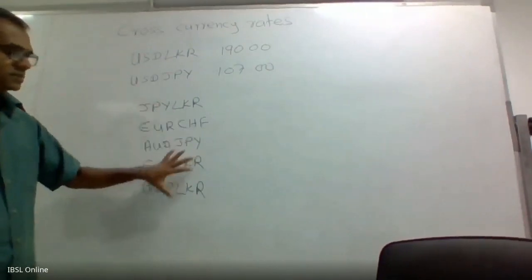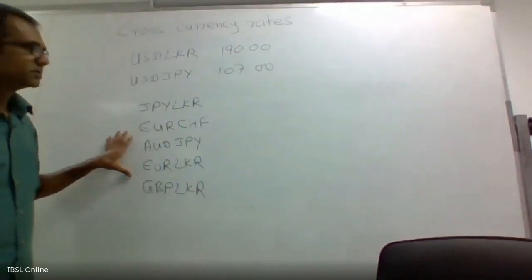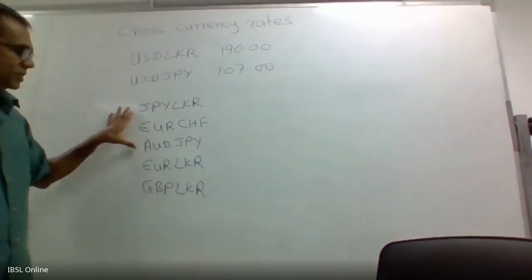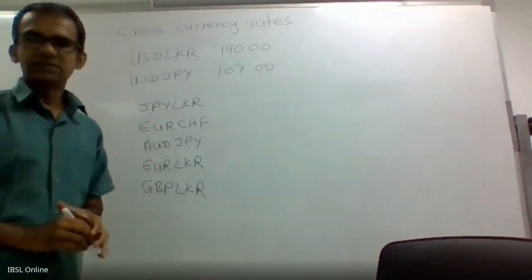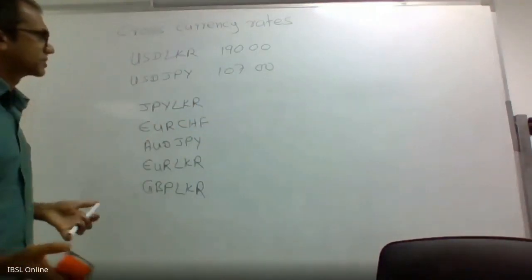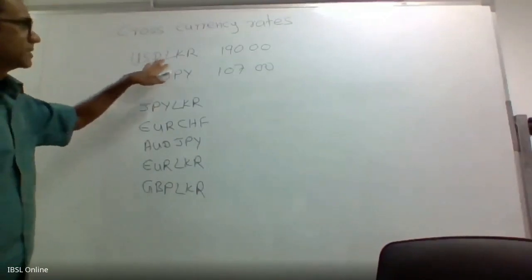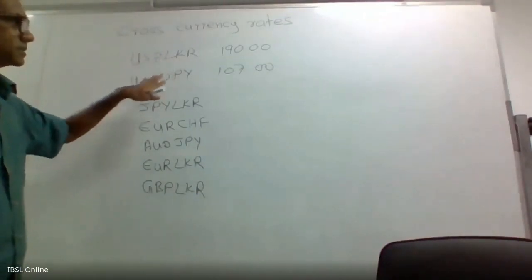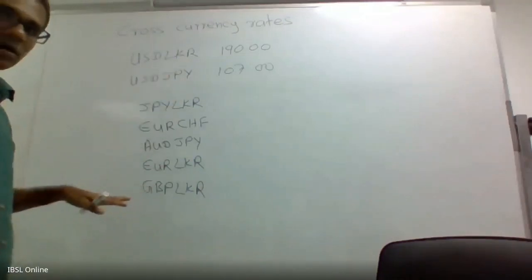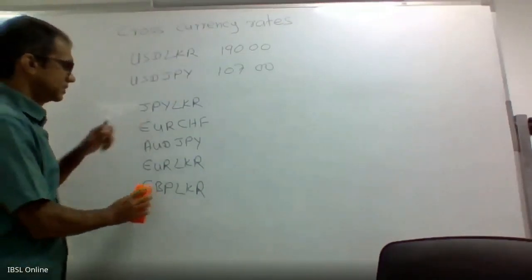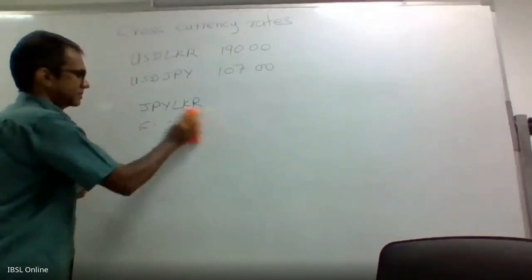So all these are cross currency. We call them cross currency, and the exchange rates we call cross currency rates. So now we are going to discuss, given the exchange rates against dollar for two currencies, how we can calculate the cross rates.